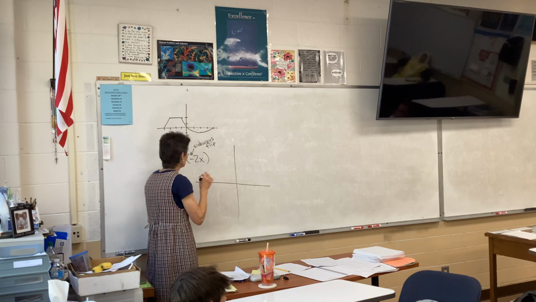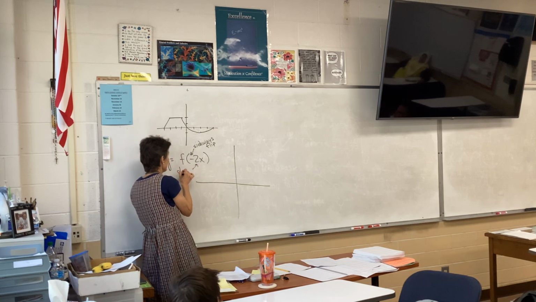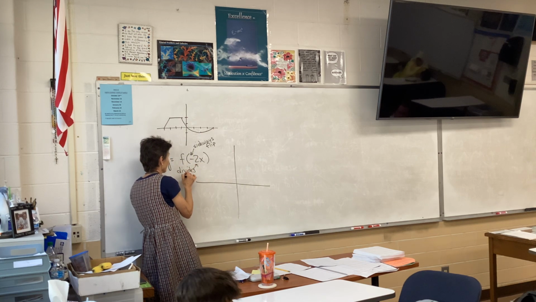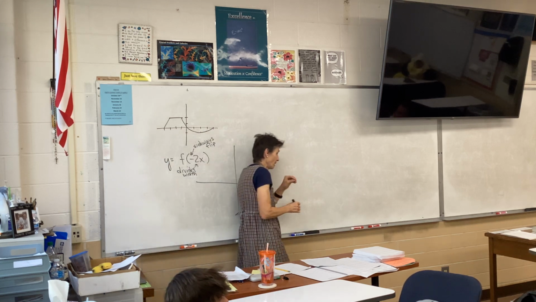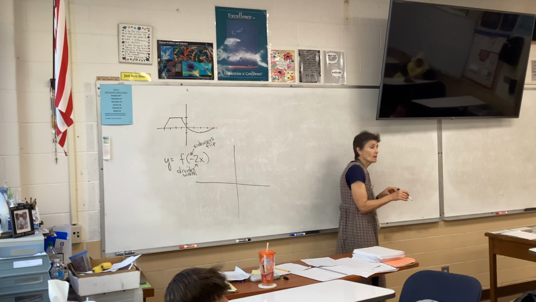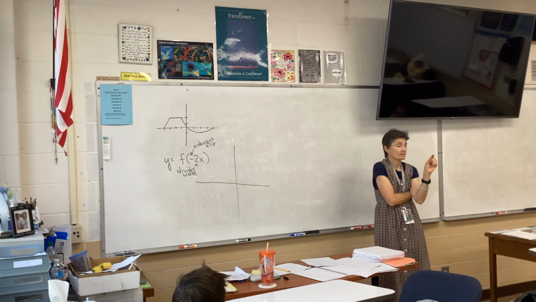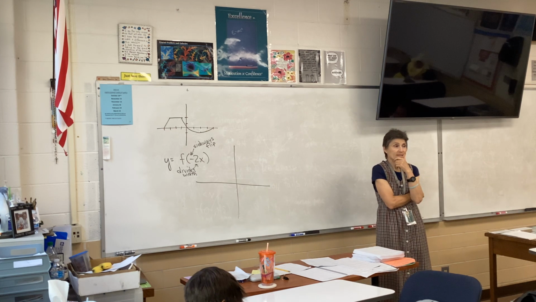Now, what else is going to happen? It's actually not multiplied, it actually divides the width. So when you have that multiplying number, that 2 on the x, that divides the width.